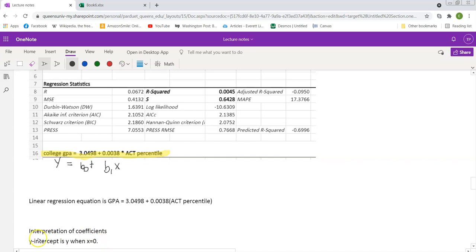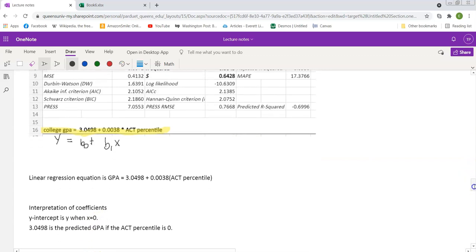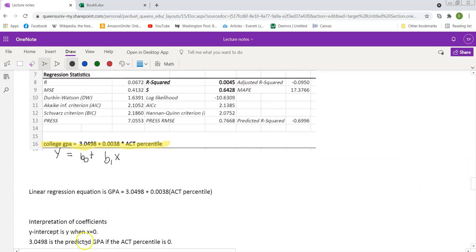So if you want to interpret the Y-intercept, Y here represents the college GPA when X, and X is our ACT percentile, is 0. So the Y-intercept would be our predicted GPA if the ACT percentile is 0.